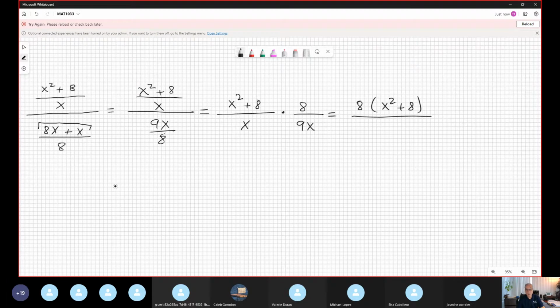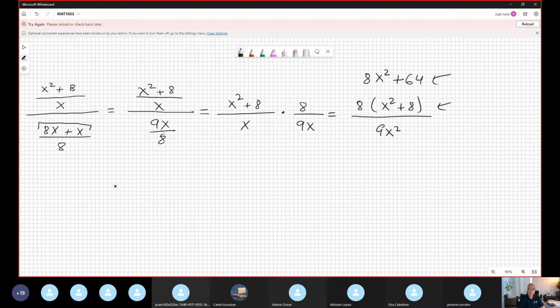I don't know if you use parentheses, or another possibility with no parentheses: 8 times x squared is 8x squared, plus 8 times 8 is 64. I don't know which option it is. Let's see after. And the bottom is 9x squared.